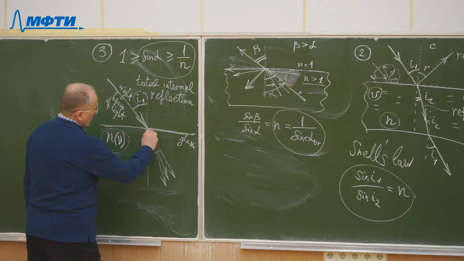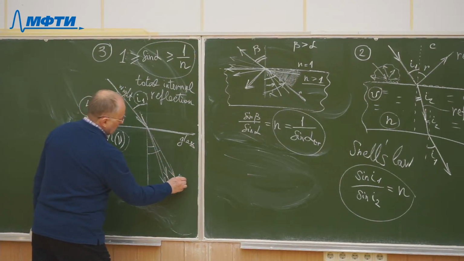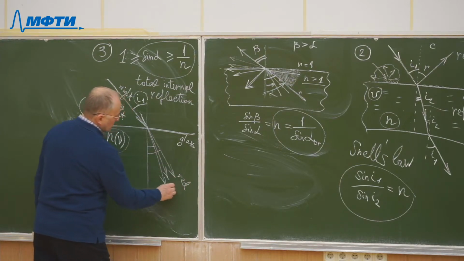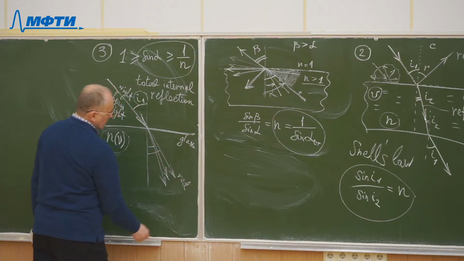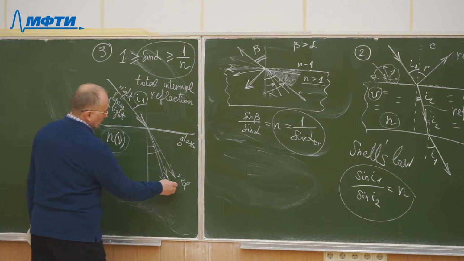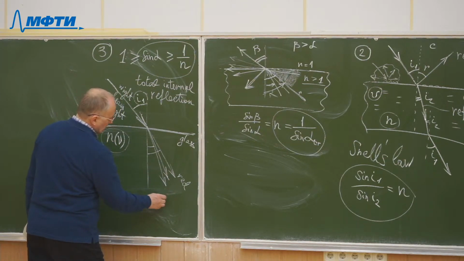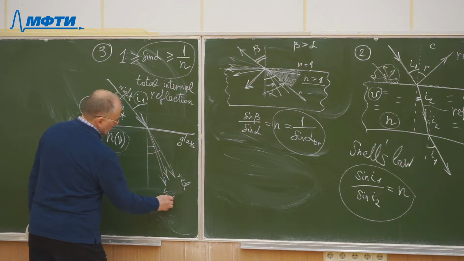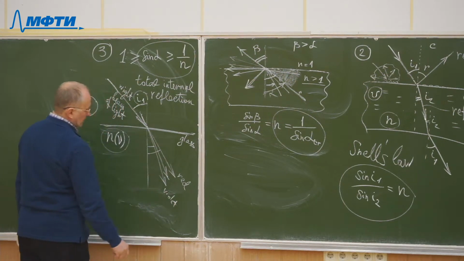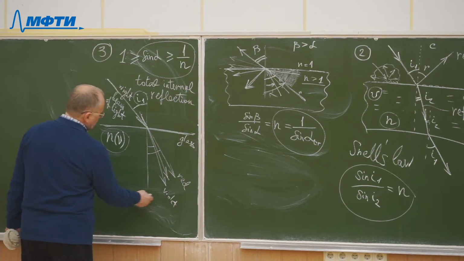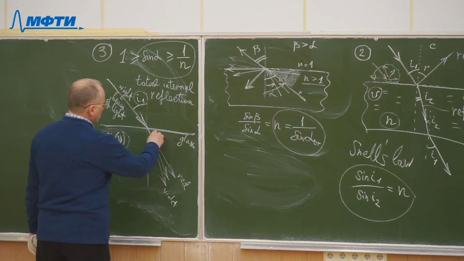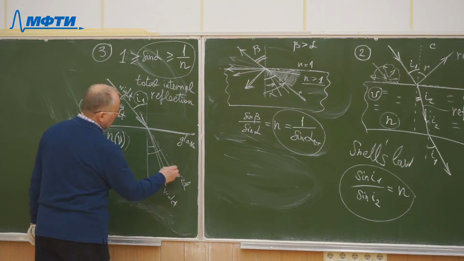And this one will be red. We will perceive this ray of light as red. Then we'll go yellow and green and blue, and then violet light, and then ultraviolet goes. And here we will go infrared, which we don't see.